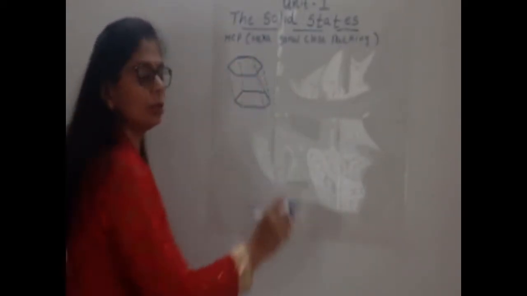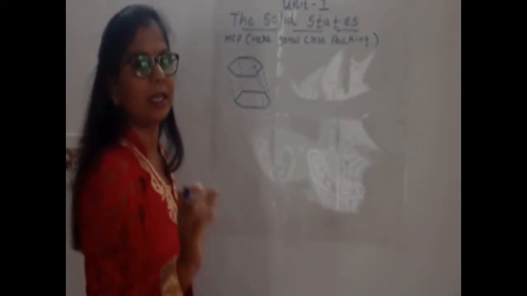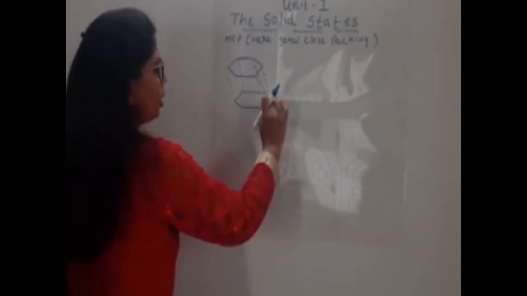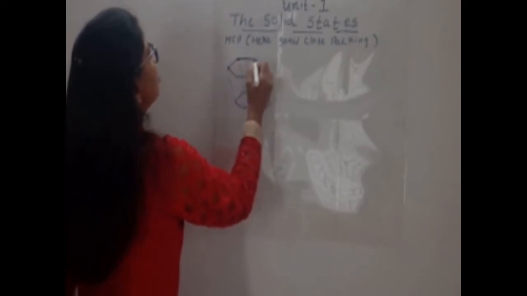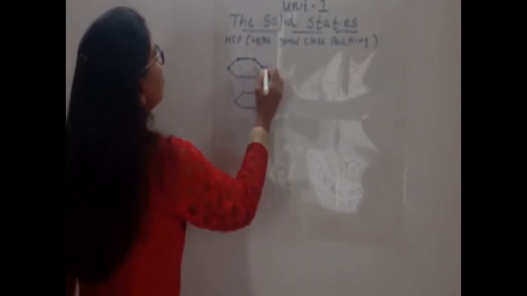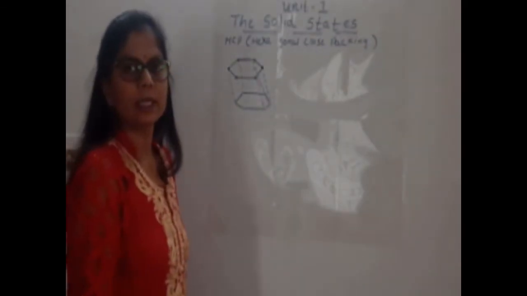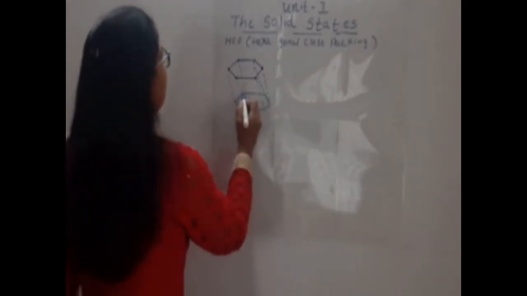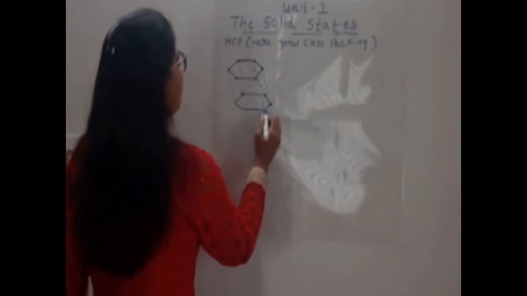In that hexagonal close packing, how many unit cells are seen on the upper layer and on the bottom layer? So here we'll see 1, 2, 3, 4, 5 and 6. 6 points you are able to see on the upper layer. The same way, hexagonal, hexa means 6.